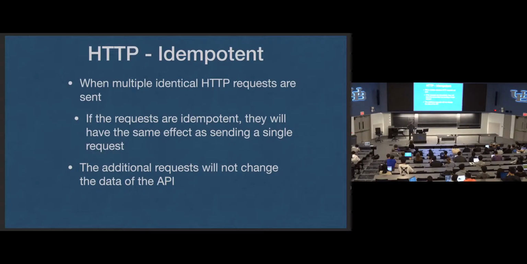So update is a put request in our API. If you update the same record multiple times with the same data, the subsequent requests don't have any effect. You already changed your username and email. Changing it again to the same values isn't going to have any effect on the API. So that's idempotent, and we can safely label our update as a put request.